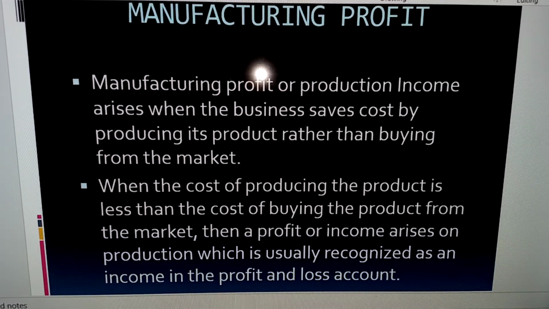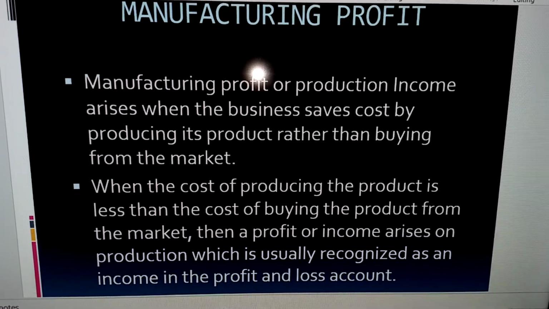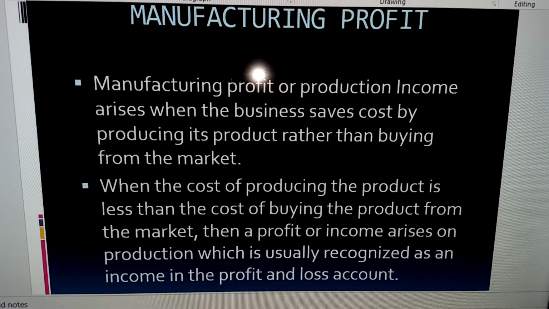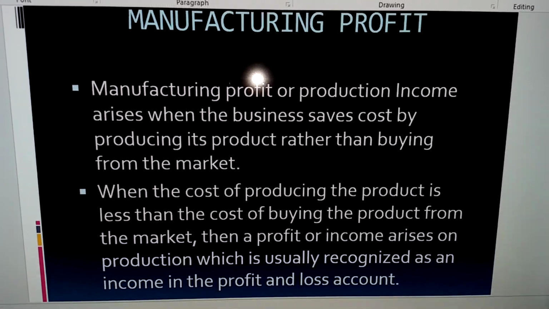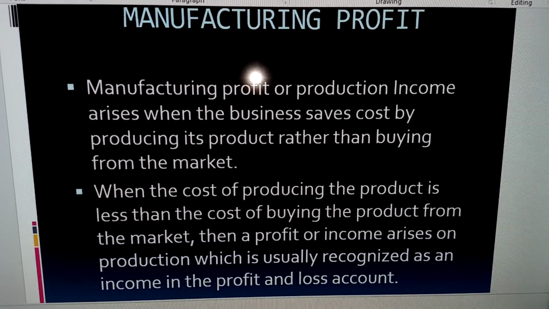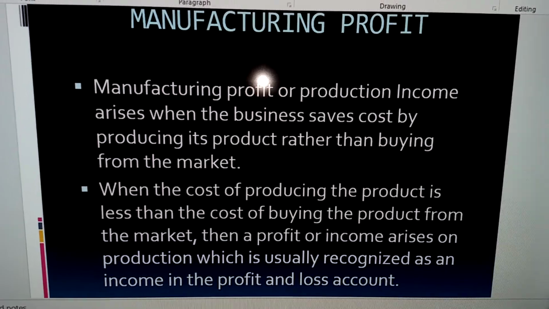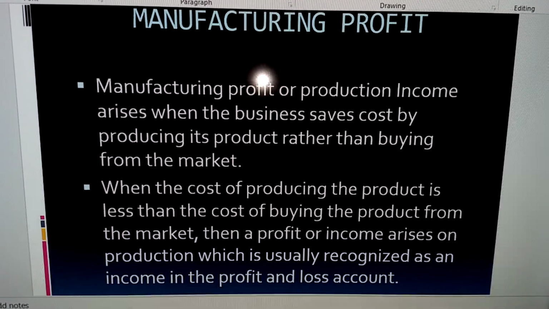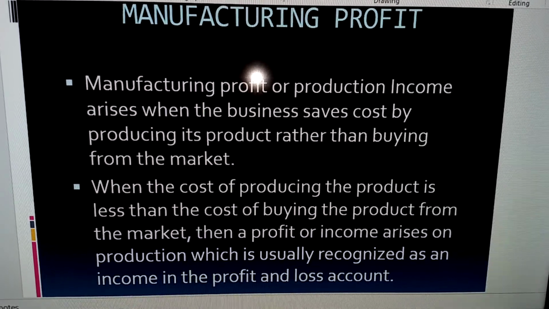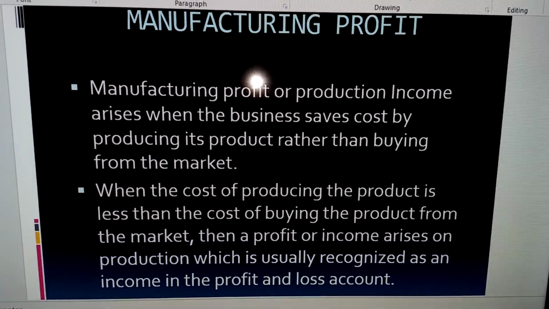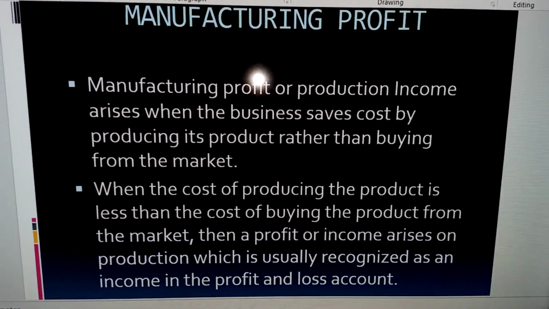Buying from the market. So if the cost of buying is higher than the cost of producing, the business takes the option of producing and as such saves some cost. So when the cost of producing is less than the cost of buying from the market, then the profit or income on production has arisen.